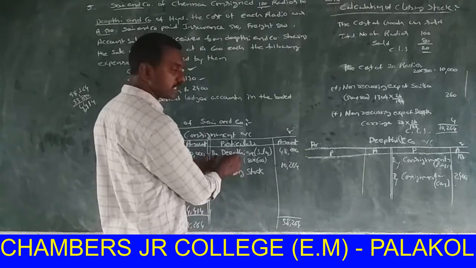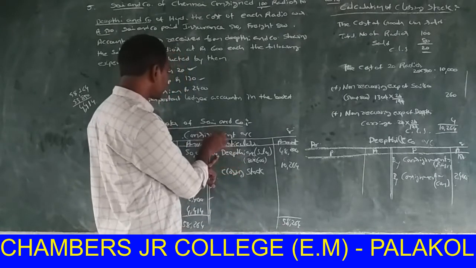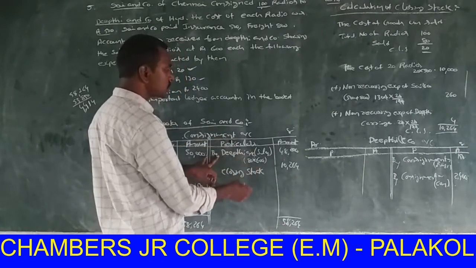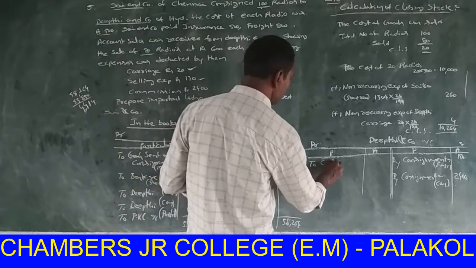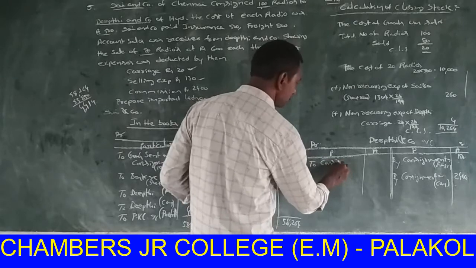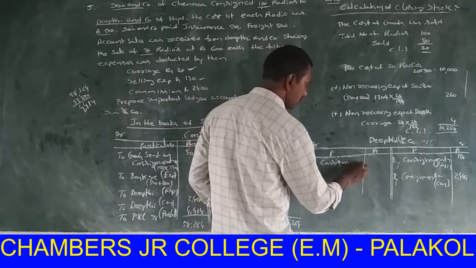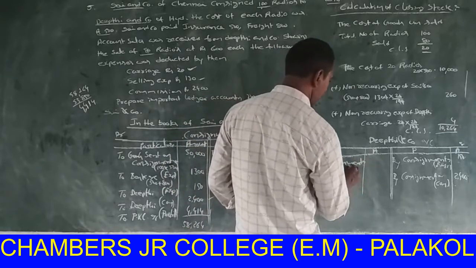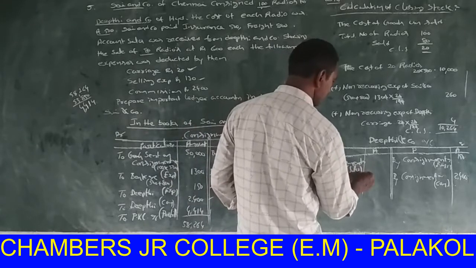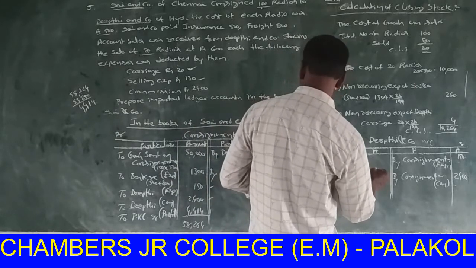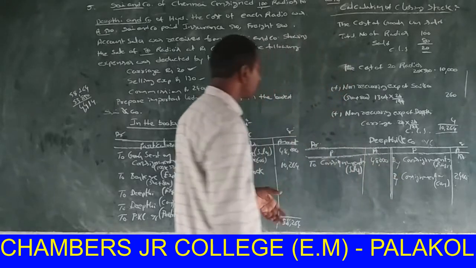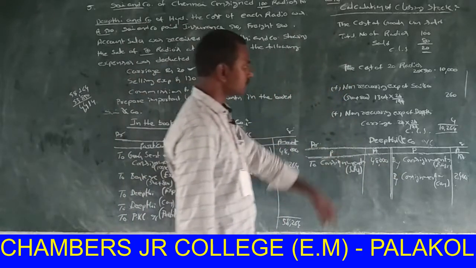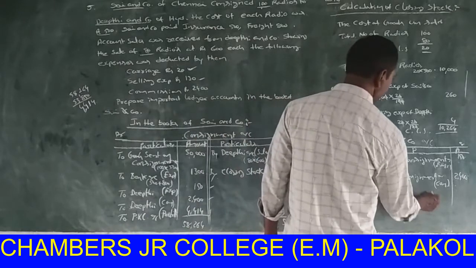Deepti appears in the credit side of consignment account. Now it is transferred to debit side of Deepti account, to consignment account, that is sales 48,000. If any advance is there, that is transferred to credit side of Deepti account.